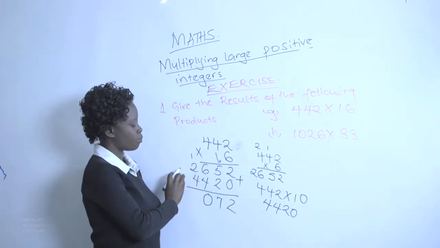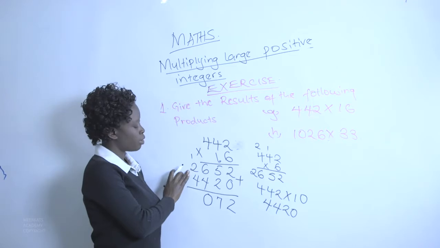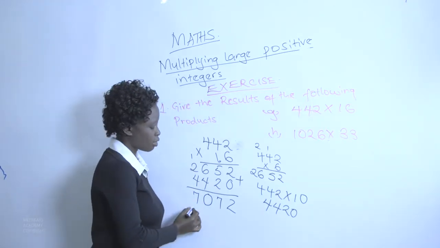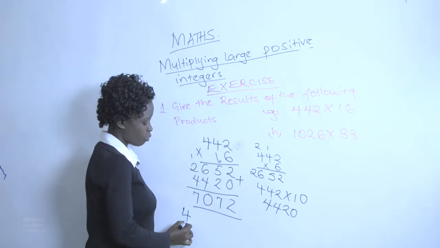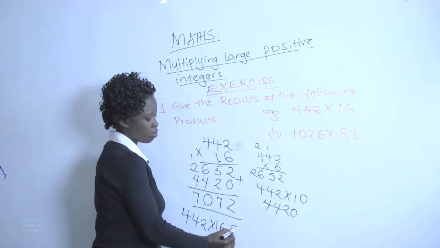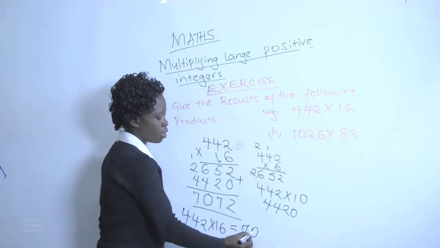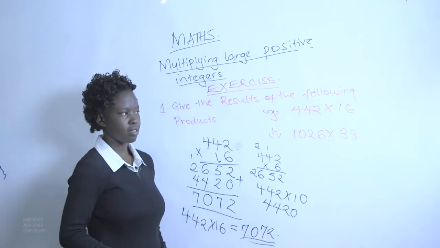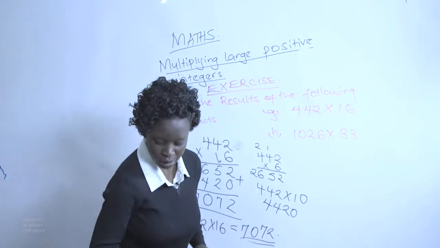So we have 1 plus 2, which is 3. 3 plus 4, that is 7. So what does it mean? It simply means 442 multiplied by 16 gives us 7,072 as the answer.